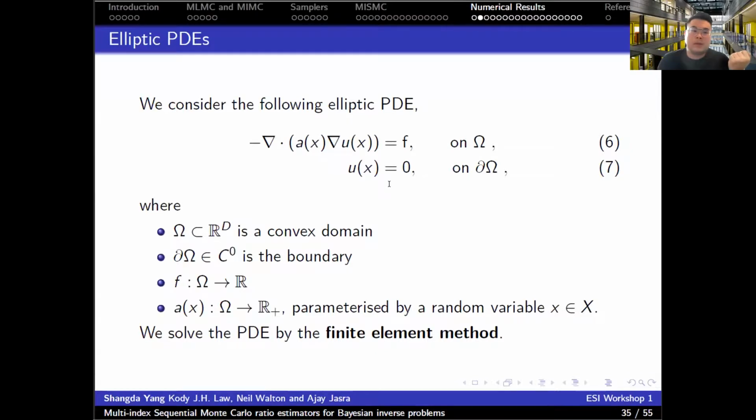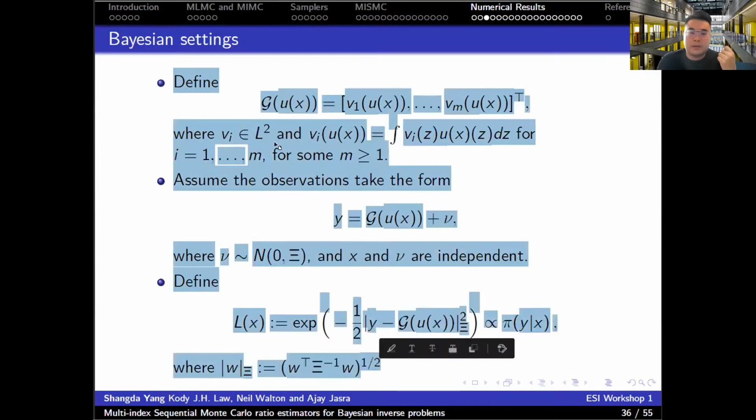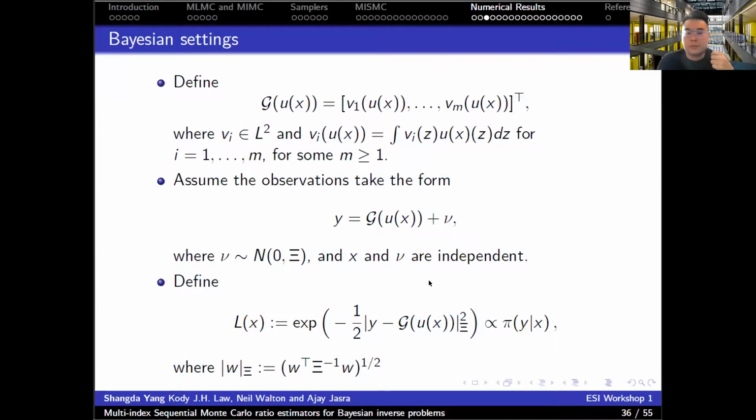The first numerical result is on an elliptic PDE. This is the standard setting of the PDE, and we solve the PDE using a finite element method. Here is the standard definition of the Bayesian setting of the PDE problems.